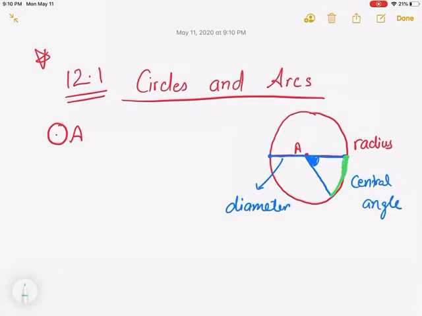What is that piece? What's the vocab term for that? That's called an arc of the circle. So basically an arc is a part of the circumference of the circle, or a part of the outer distance of the circle.